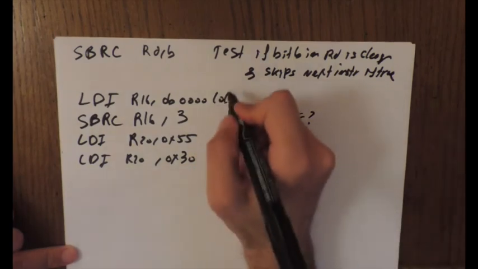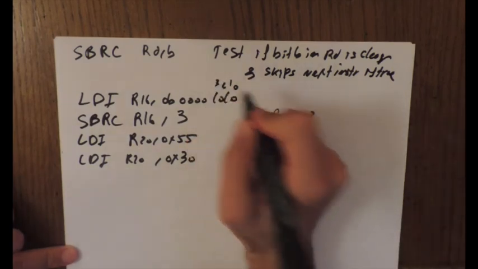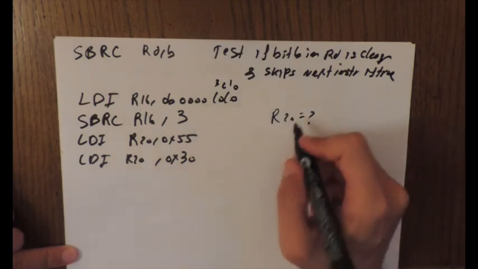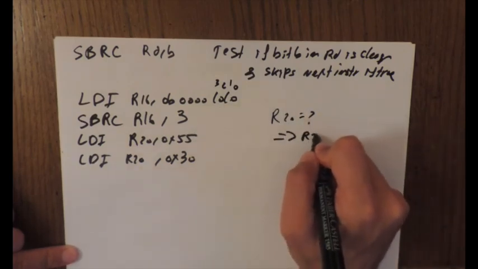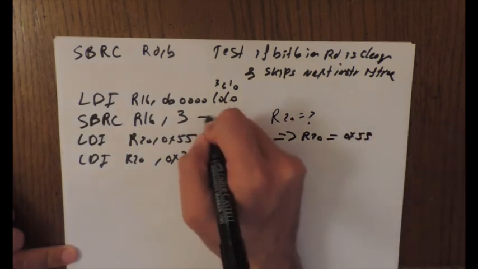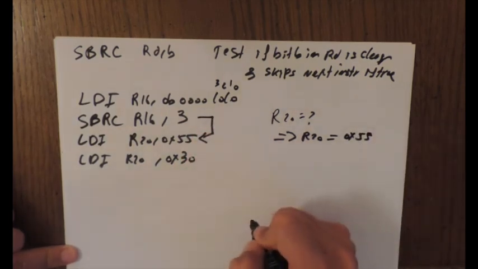If we check, this is 0, 1, 2, 3. Is it clear? No, it's not clear. So this means R20 will be equal to 0x55. So this will go and execute this one.